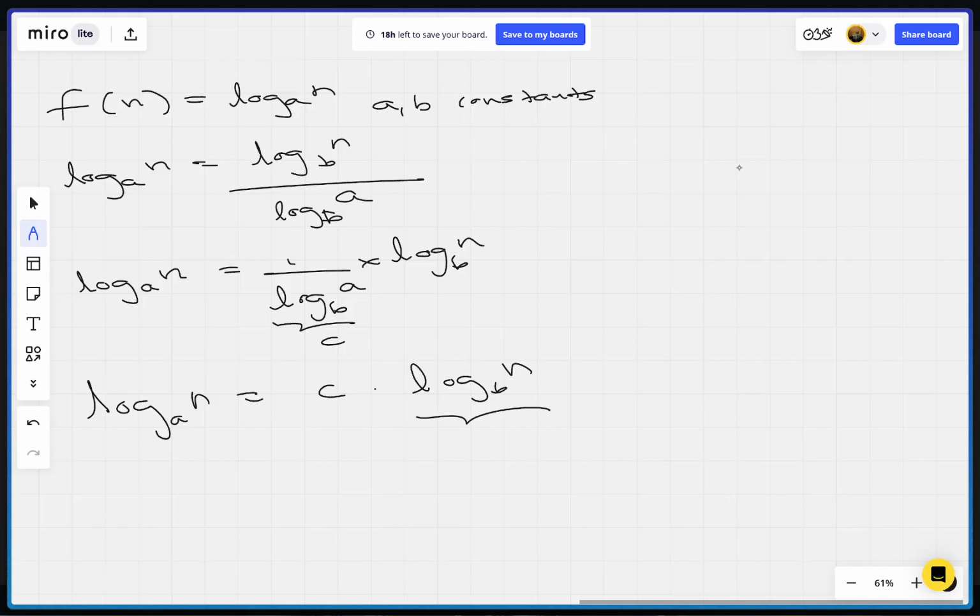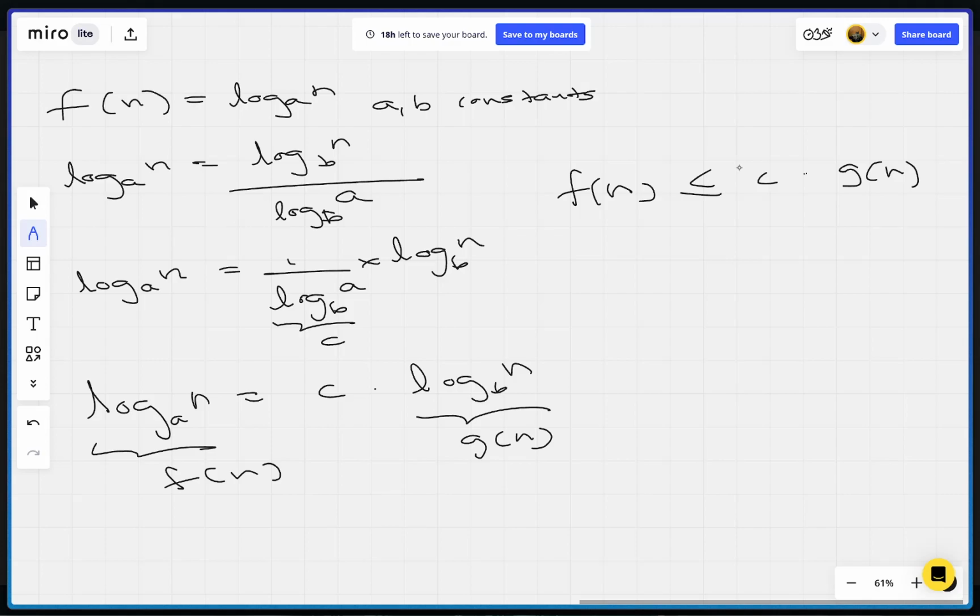In this scenario, we can use this as g(n). This one is our f(n). If you recall the definition, it said f(n) has to be less than or equal to C times g(n).